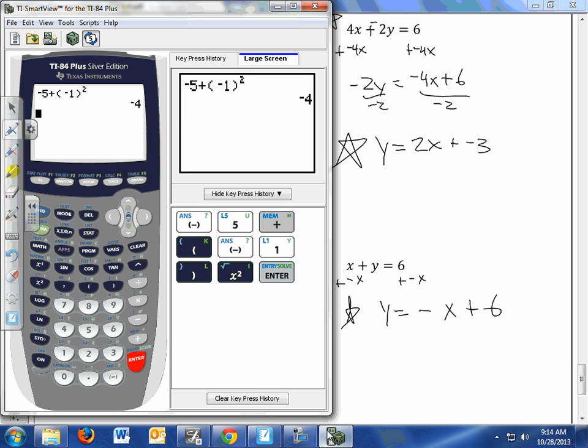What do you think that means it can do, Mr. Cummings? It can graph. Turns out your calculator is a solution generating machine. You can plug in stuff into it and it will tell you a bunch of solutions just like that.